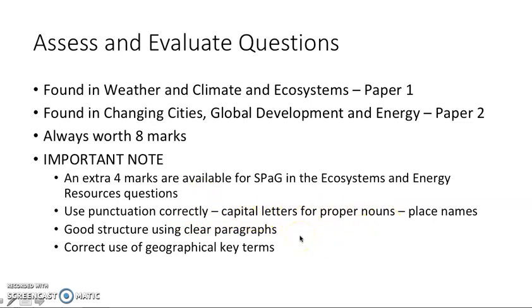Use a good structure using clear paragraphs. I always suggest leaving 2 lines clear between each paragraph. This makes your paragraphs clear, but also if you want to go back and add information, it gives you space to do that without drawing arrows and stars and things like that. And also get used to using those geographical key terms because they are important.